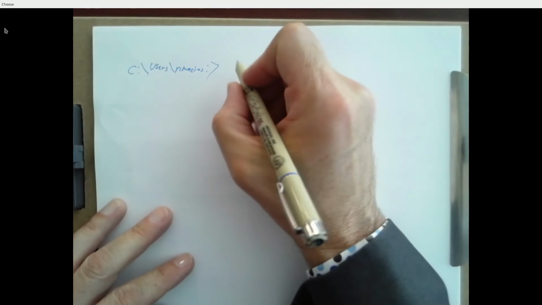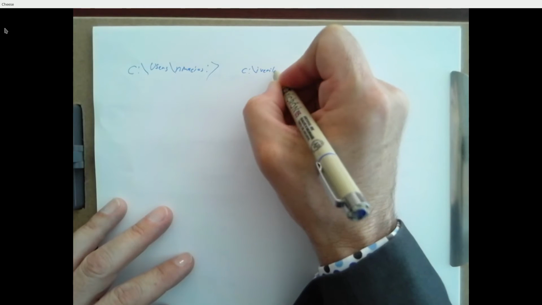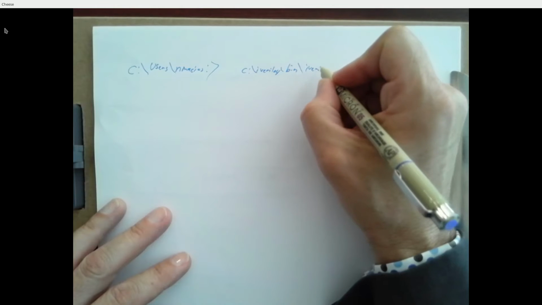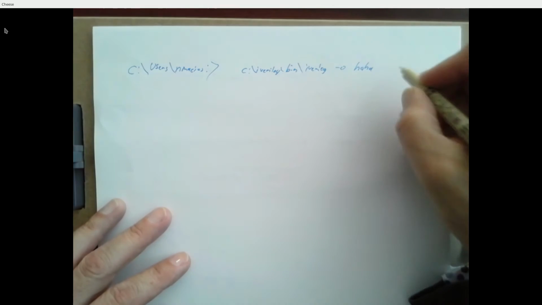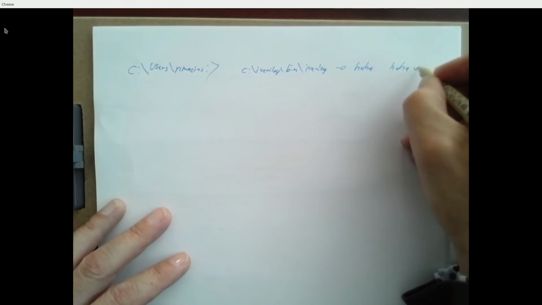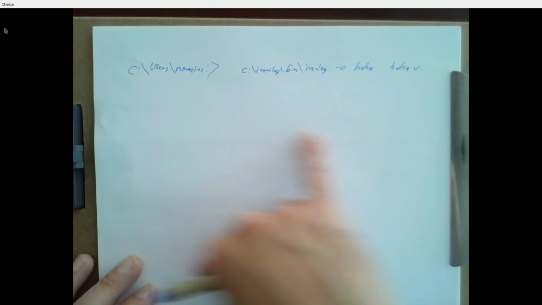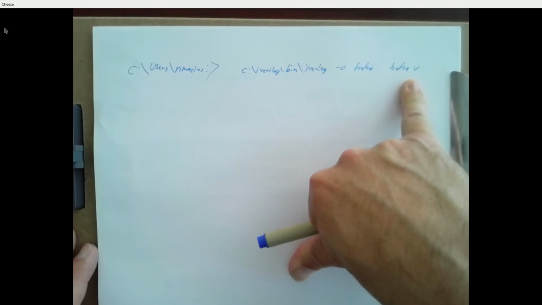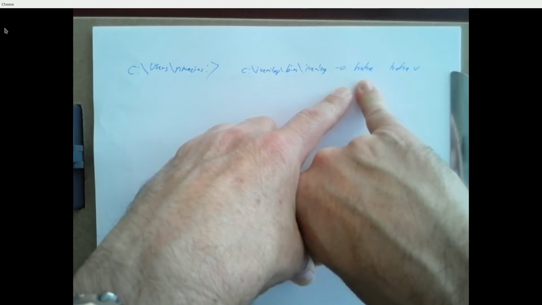So if I say C:\iverilog\bin\iverilog -o haha haha.v, it's looking for a file under users\Enmacius\haha.v. It's looking in my current directory, okay? And it's going to create an output file also in my current directory called haha.